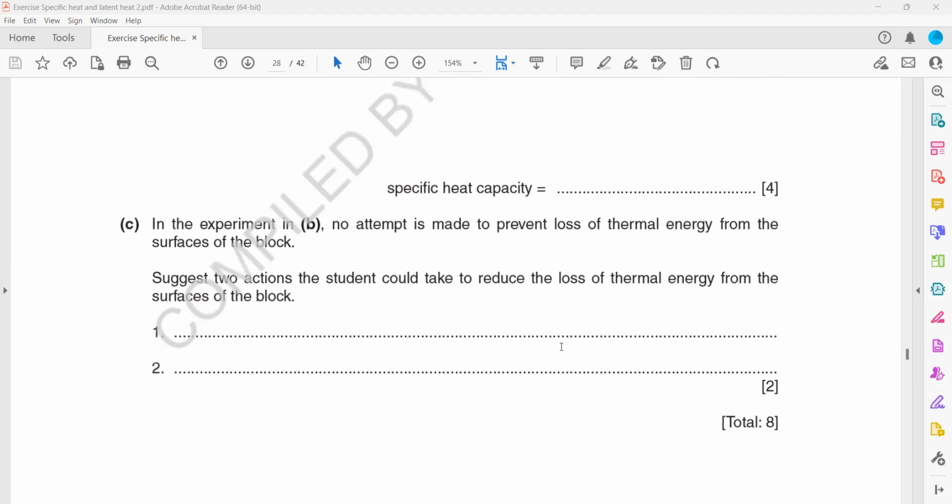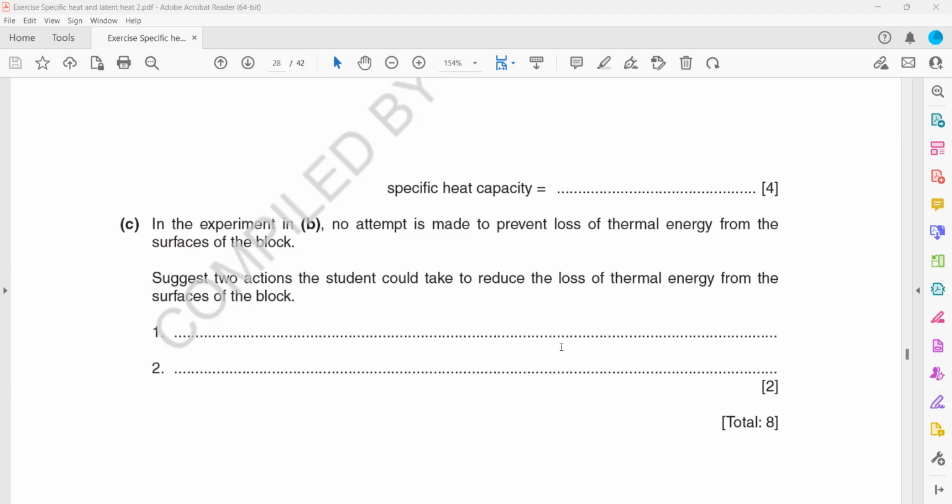The initial and final temperature should both be less than the room temperature, both, so that it won't lose energy. Using a draught shield is also.